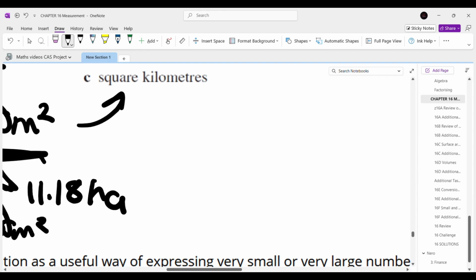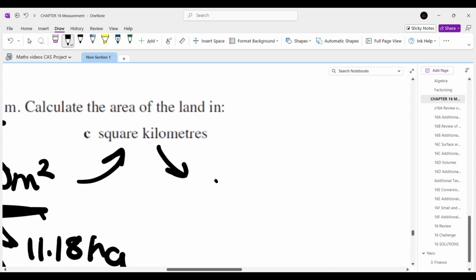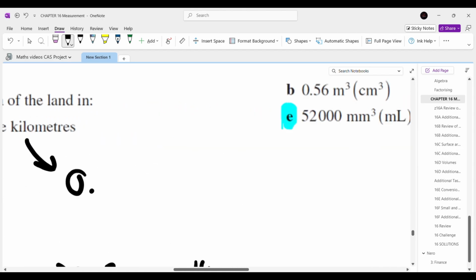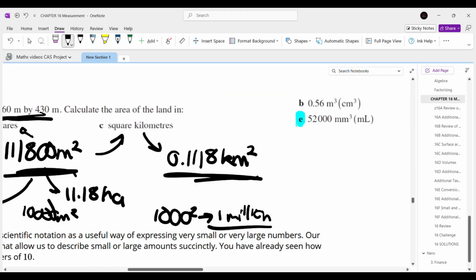And then for square kilometers, you're dividing by 1,000 squared, or a million in this case. So you're just dividing this value by a million, so 0.1118 kilometers squared.